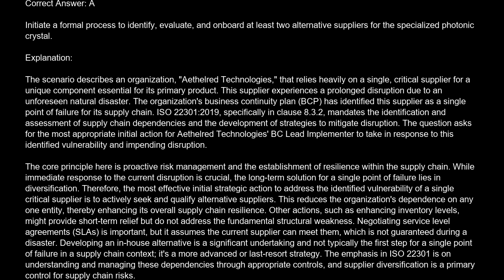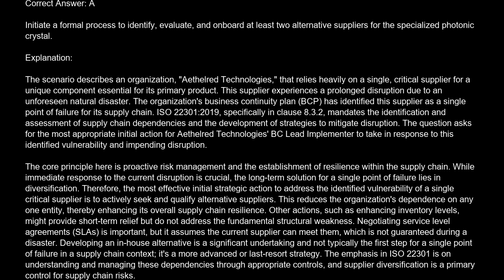ISO 22301:2019, specifically in Clause 8.3.2, mandates the identification and assessment of supply chain dependencies and the development of strategies to mitigate disruption. The question asks for the most appropriate initial action for Ethelred Technologies' BC lead implementer to take in response to this identified vulnerability and impending disruption.